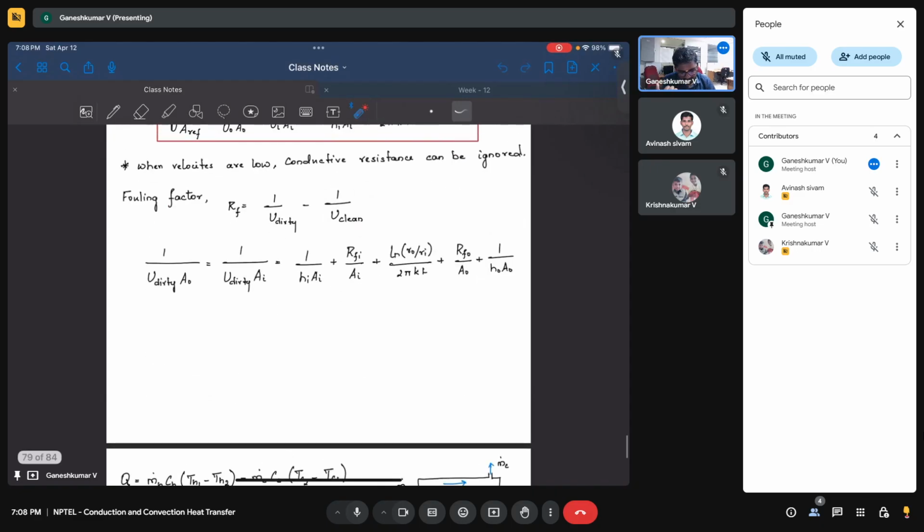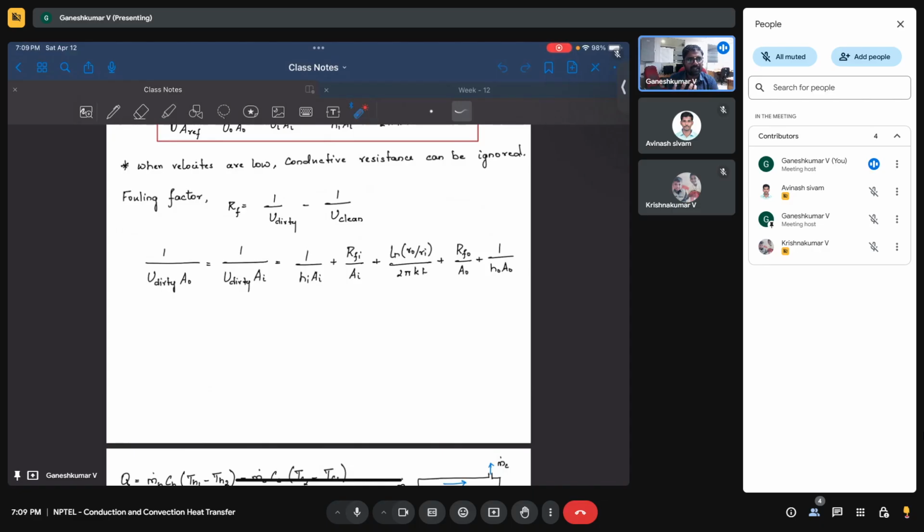And there is something called the fouling factor. In industrial practice, over the duration of operation of a heat exchanger, as time goes, it becomes dirty, basically, because of the flow going inside it.